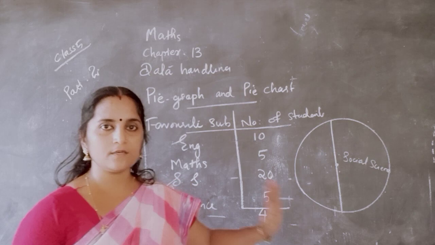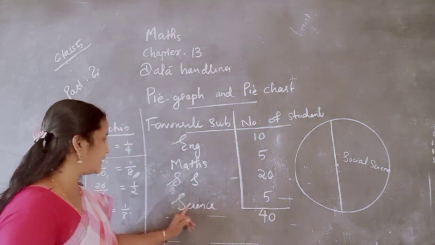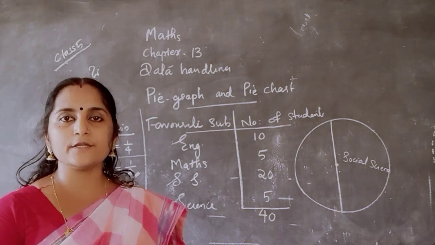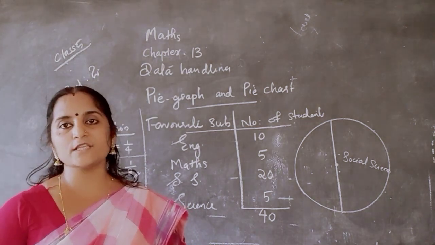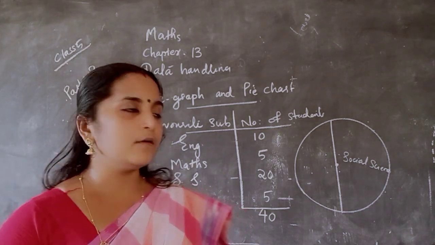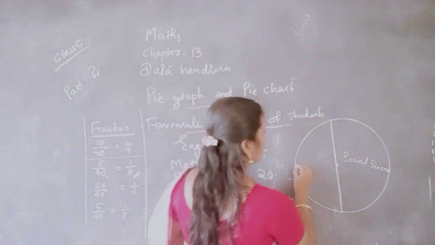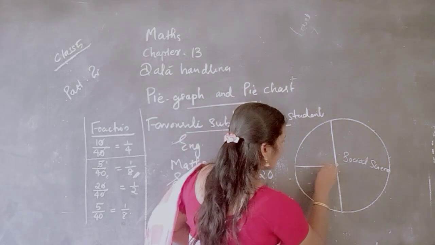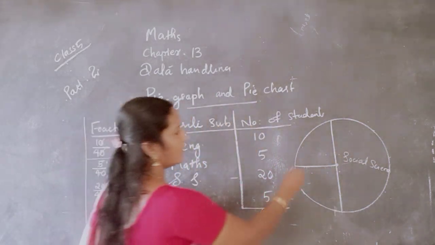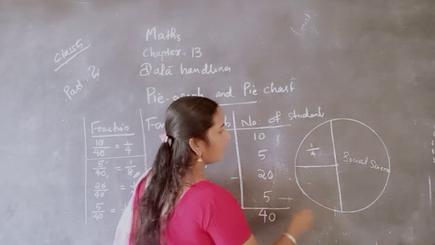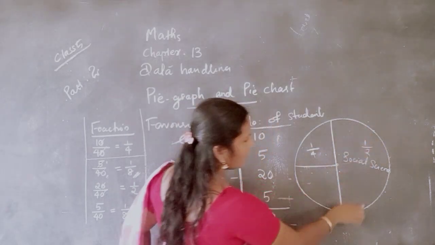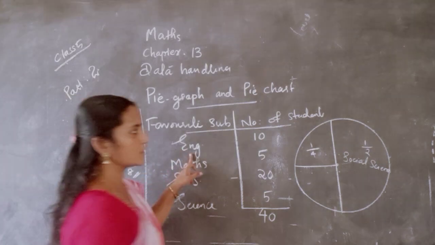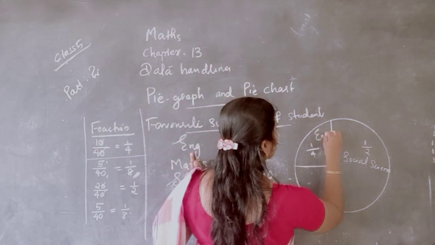Then 1 by 4 means if you divide a circle into 4 equal parts, each part represents 1 by 4. Draw a line to divide it into 4 equal parts. This portion is 1 by 2, and 1 by 4 means which one? English. So here you write English.